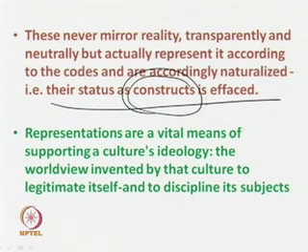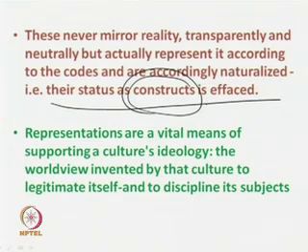Then representations are a vital means of supporting a culture's ideology. Now, again we come full circle here, back to ideology. So, these representations, these texts, these stories, these images, as I have just said, begin to stand for the real thing and are real to us, and are circulated in a community, in a culture, in a society, and they support a culture's ideology.